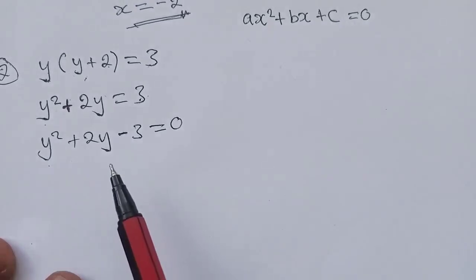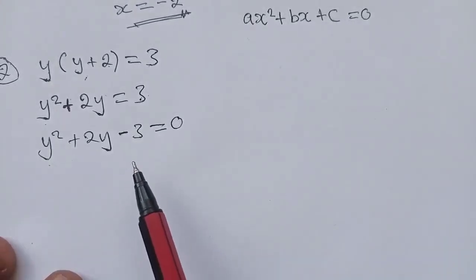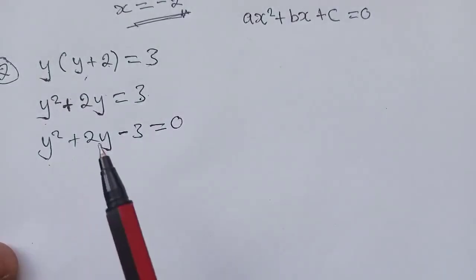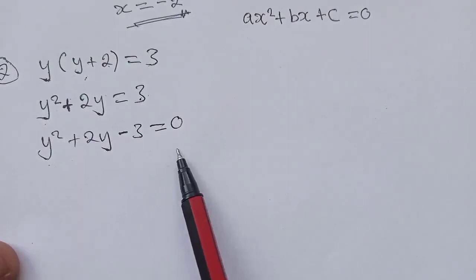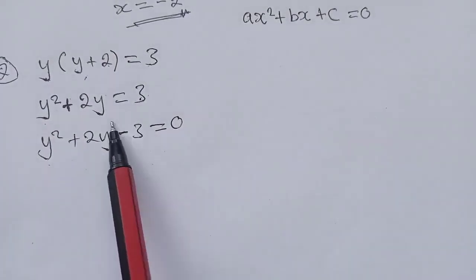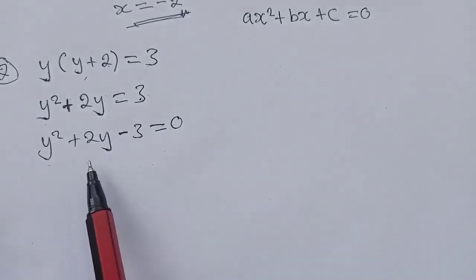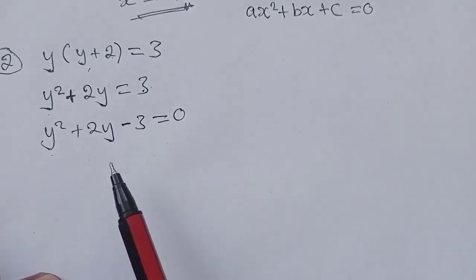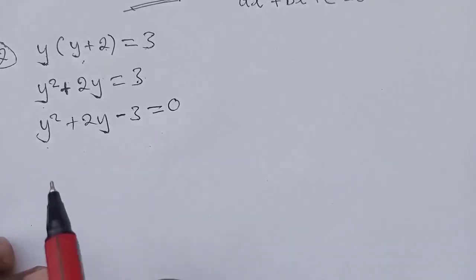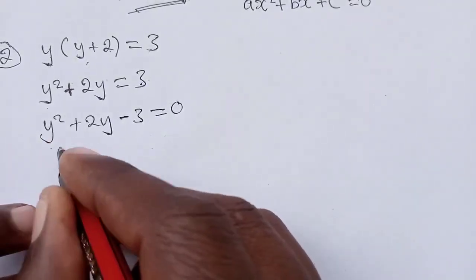That one needs a calculator. But there are 2 methods that you can use in paper 1: you can factorize these quadratic equations without using a calculator, and that is the factorization method.